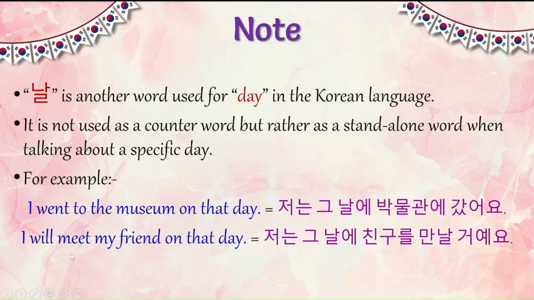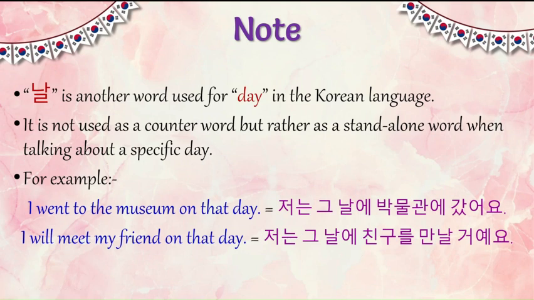Next example is: I will meet my friend on that day. So the subject in the sentence is talking about a particular day in the future when he or she is going to meet his or her friend. So in Korean it is going to be 저는 그날에 친구를 만날 거예요. Here also we have used 그날 to denote that day in Korean.